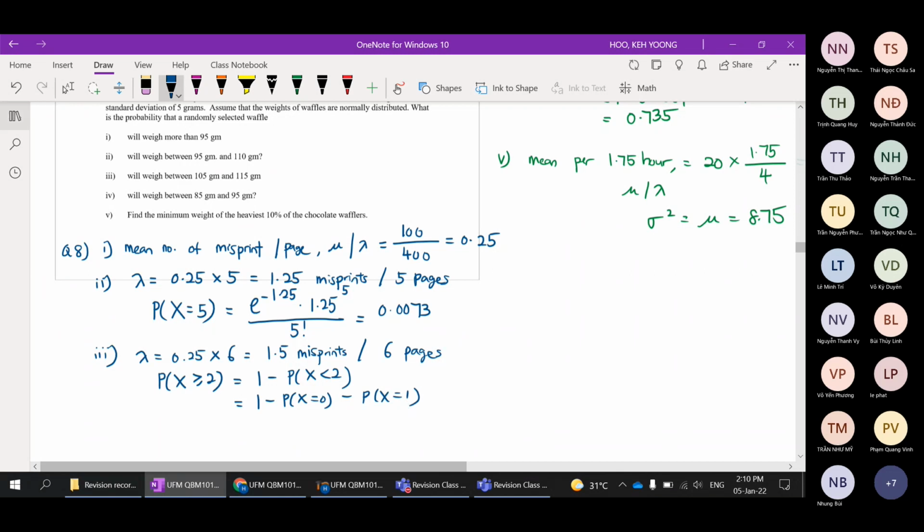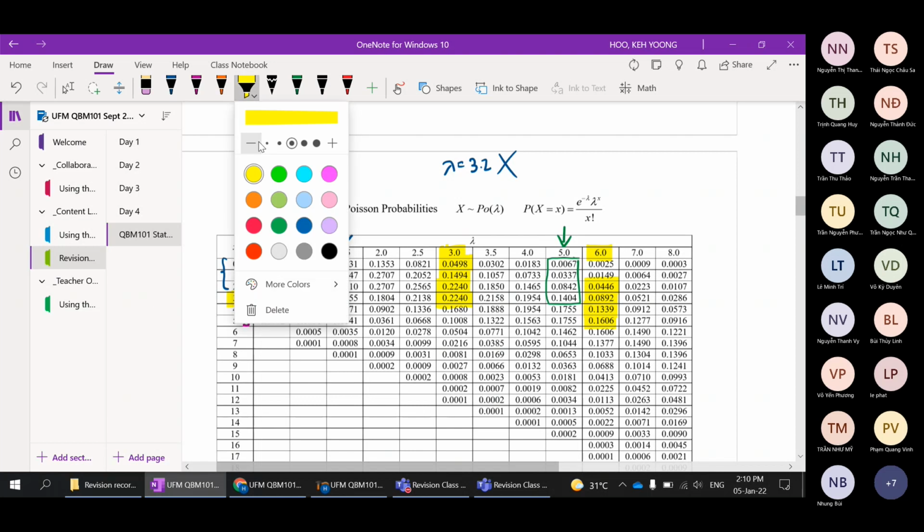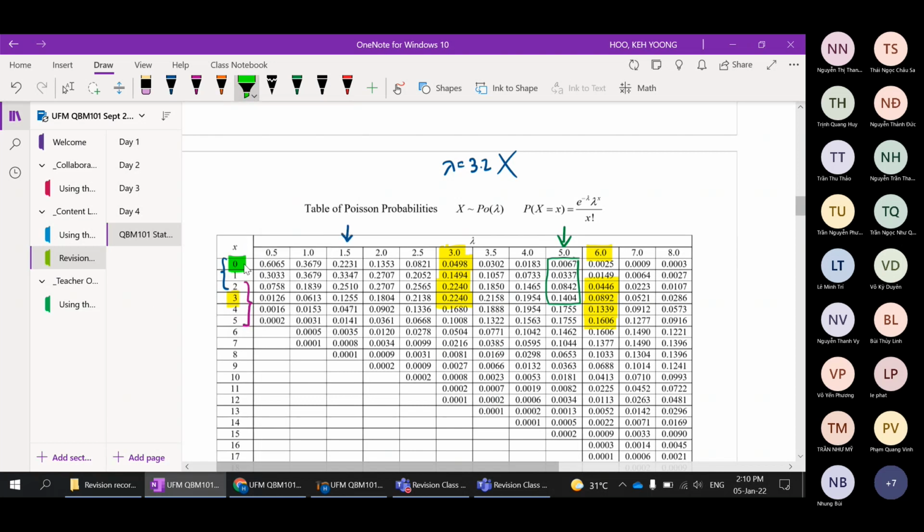So you check the statistical table. Do you have 1.5? You got 1.5. Just now 1.25 you don't have, but 1.5 you have. So 1 minus x equals 0 and 1, so you subtract these two probabilities.